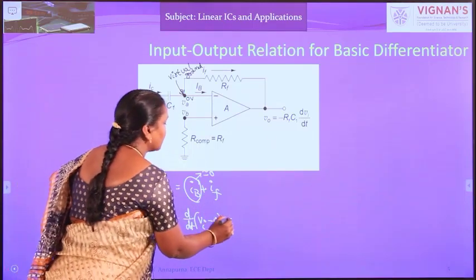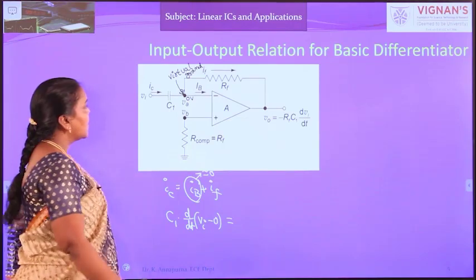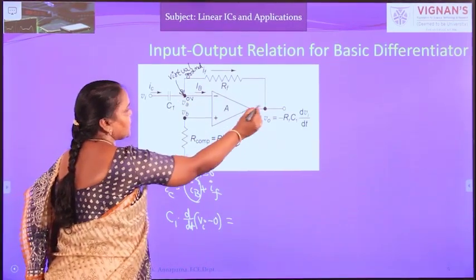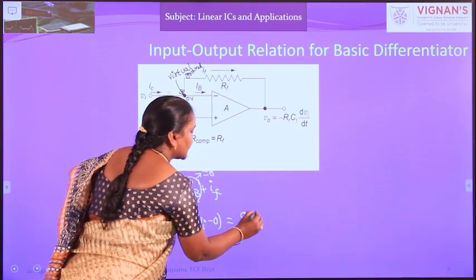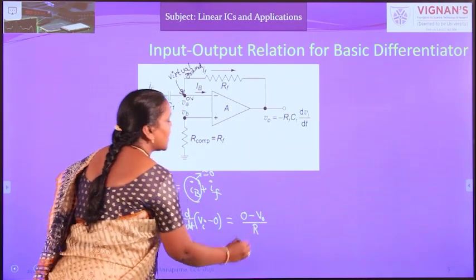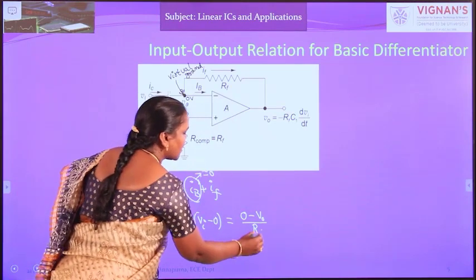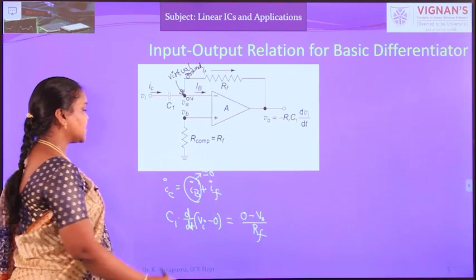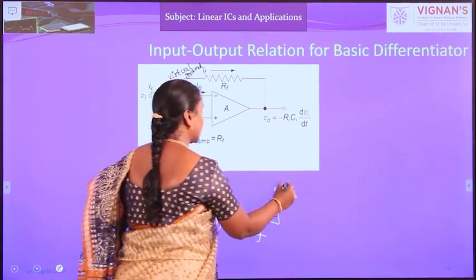So that is equal to, what is IF? It is the current flowing through the resistor. And we have taken this direction, which means it is at higher potential compared to this. So the voltage across that resistor is 0 minus V0. So voltage by resistance will give you the current flowing through the resistor, and here the resistor value is RF. Right? So from this, what will you get?